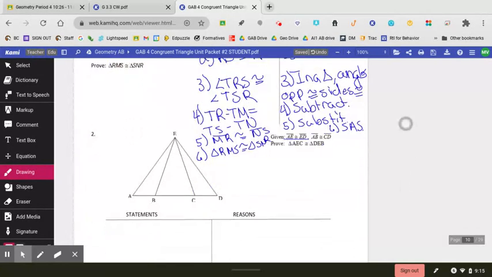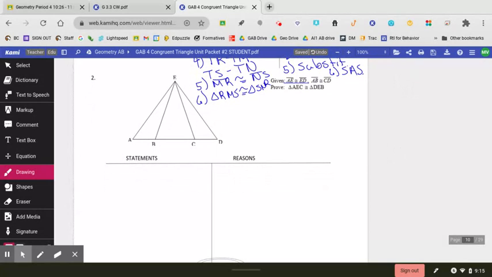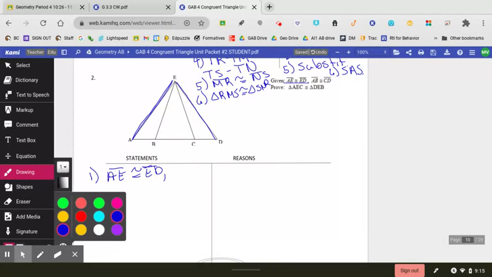Okay, next proof. I'm going to get this one started, and then I want you to think about it and try to do it, so pause the video and then come back and check. So we know that AE is congruent to ED. So there's my first given. And I know that AB, so I'm going to switch colors here, is congruent to CD.